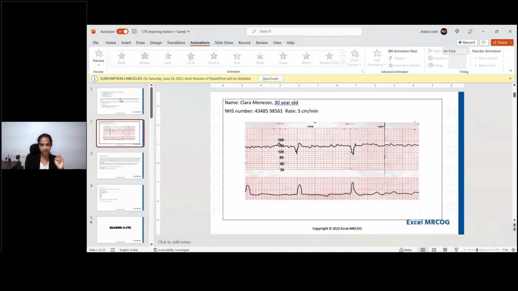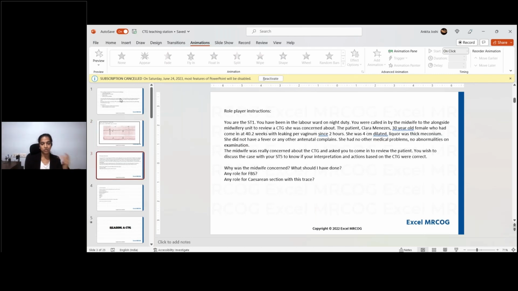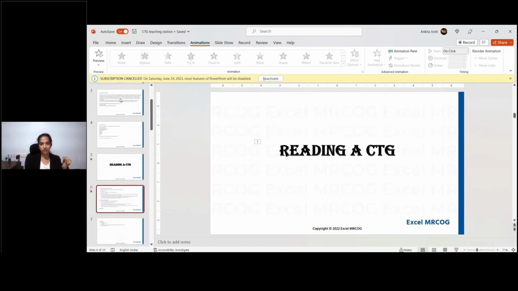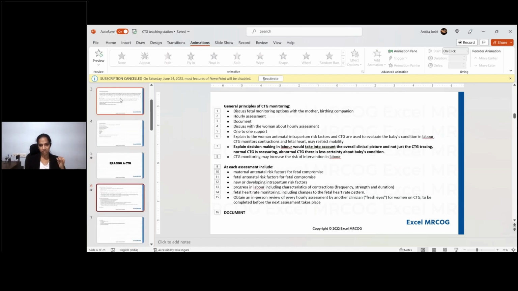The first one is determine risk, and the components of the CTG, which you would anyway discuss. What's important is to talk about the general principles of CTG monitoring. These 8 points, you need not say in detail what you would do at each assessment, because you will not have the time. Just say the 8 points in brief.